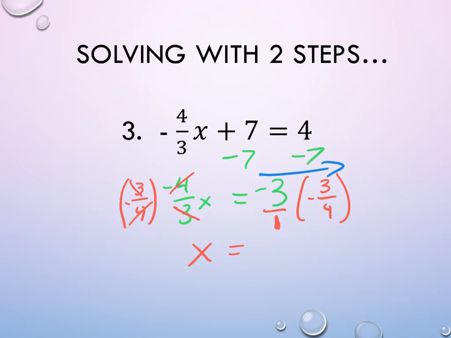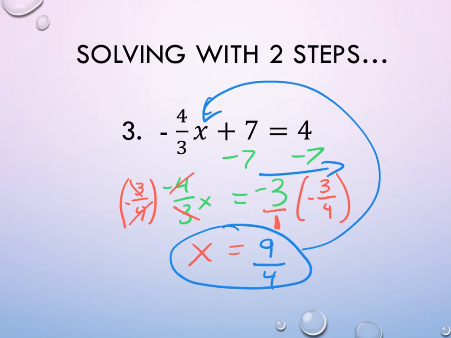Top with top, -3 times -3 is 9, and bottom with bottom, 1 times 4 is 4. So our solution to this problem is 9/4. Again, if we took that solution and plugged it in right here, that would make this equation true. That's what the solution does.